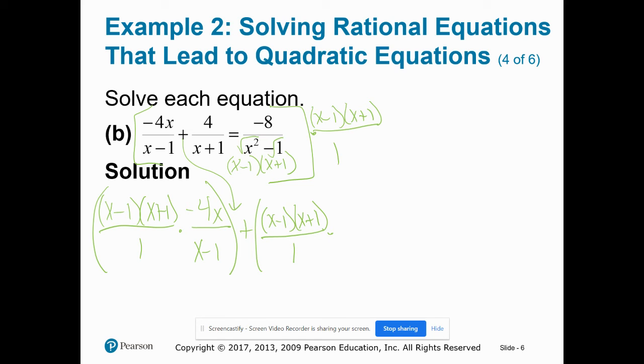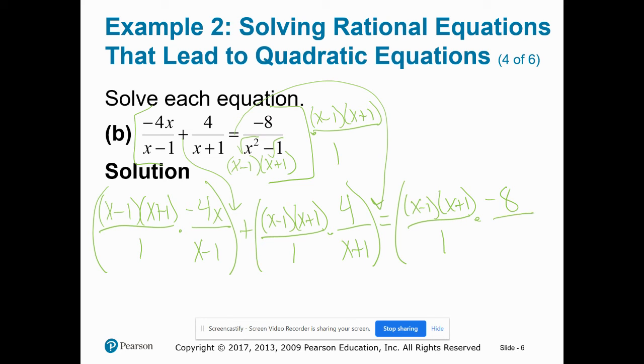Take our common denominator, and that middle term is 4 over x plus 1 equals x minus 1, x plus 1 over 1 times -8 over, and I'm going to write that in its factored form here. So there's our 3 parts.